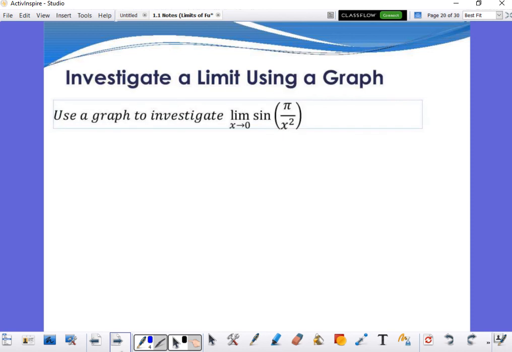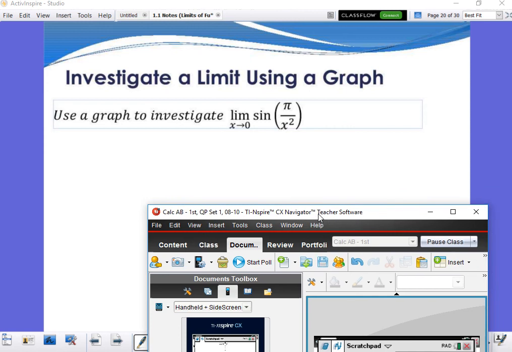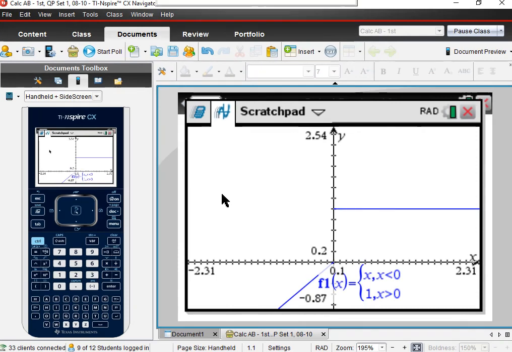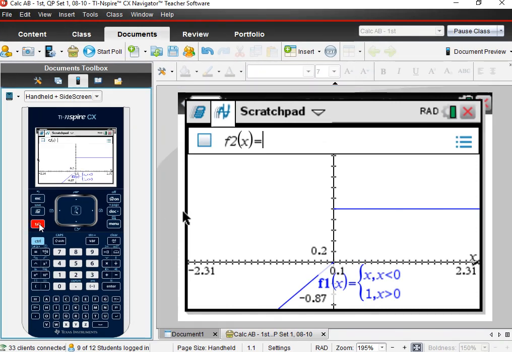Use the graph to investigate this. Graph this. Write me out. Tab.